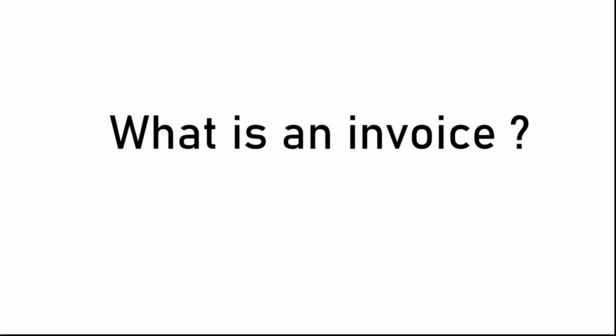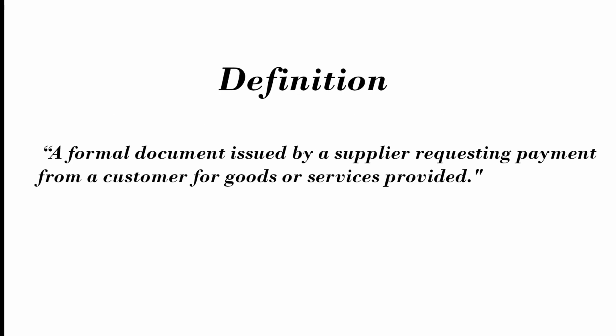So, what exactly is an invoice? According to standard UK accounting practice and guidance from bodies such as the Institute of Chartered Accountants in England and Wales, an invoice is a formal document issued by a supplier requesting payment from a customer for goods or services provided.